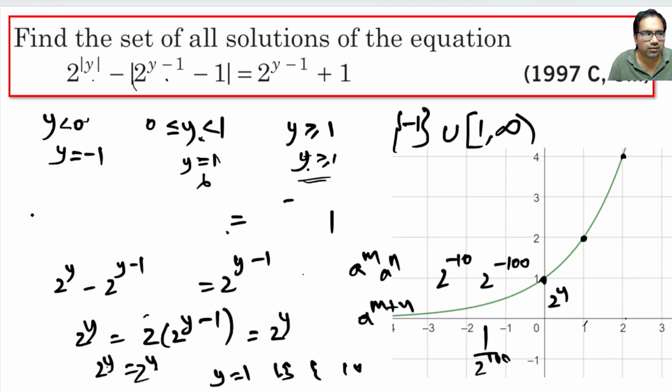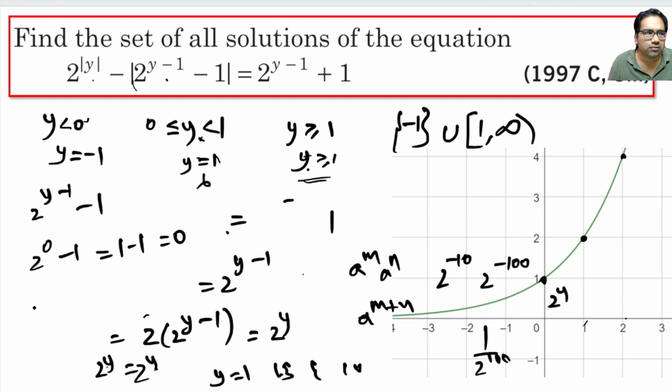what will 2 power y minus 1 become? This becomes 2 power 0 minus 1, that becomes 1 minus 1 equals 0. So the absolute value of 0, whether you write it as plus 0 or minus 0, it doesn't matter. That's why this is happening.